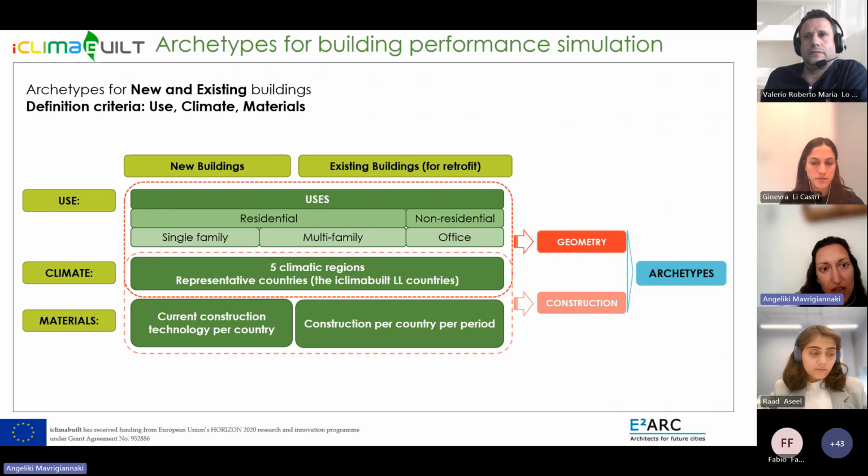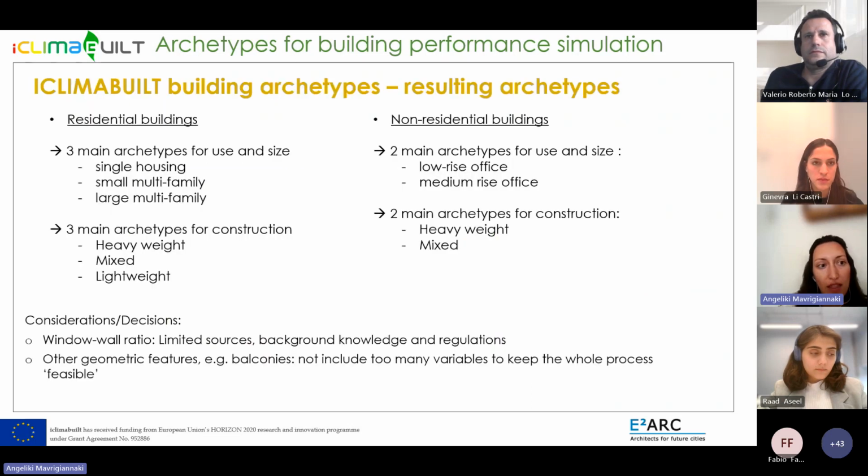So we will see in the next slide that for residential buildings, we eventually concluded with 3 main archetypes for use and size of residencies, which are the single housing and the small and large multifamily houses.